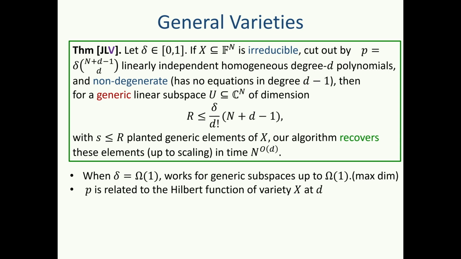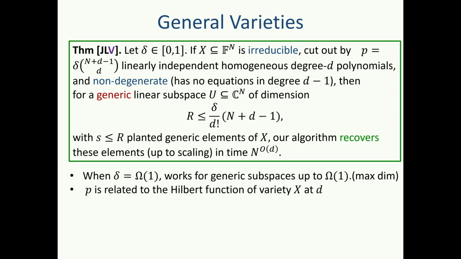If your variety is cut out by delta times that many of them, for rank 1 matrices, for example, it was 1/4 times the dimension of degree 2 polynomials. If it's delta times that, then you can go up to rank delta divided by some dependence on the degree, times the maximum possible dimension.